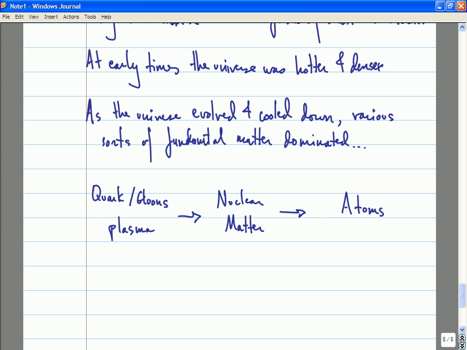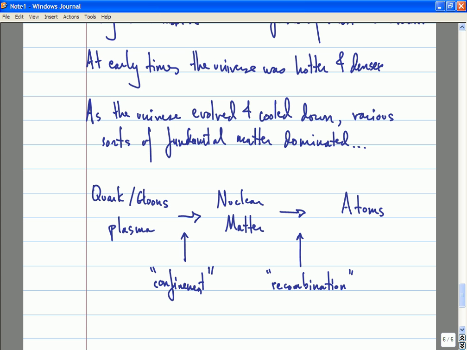So there are two different sorts of phase transitions that the universe underwent at early times. The first was known as the confinement phase transition, because quark confinement is the particle physics name for the binding together of quarks into protons and neutrons, and the second of which is known as recombination, where the nuclei form atoms.